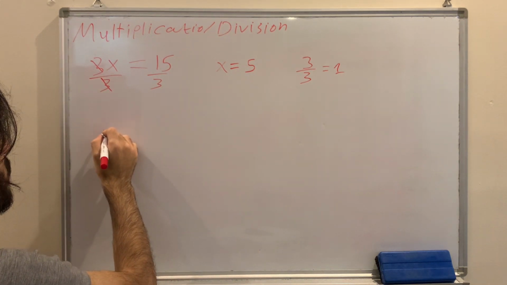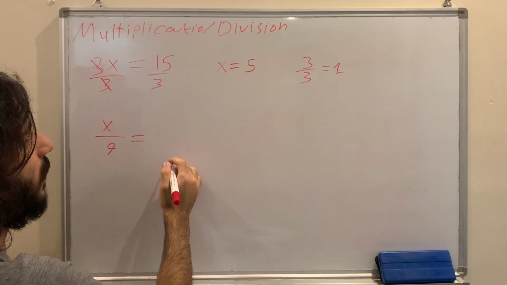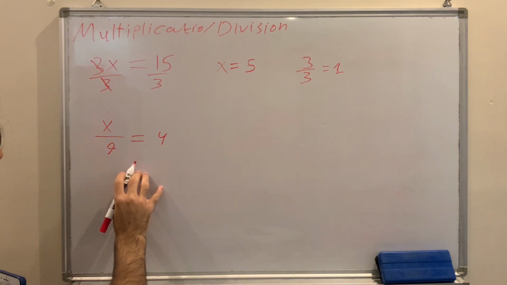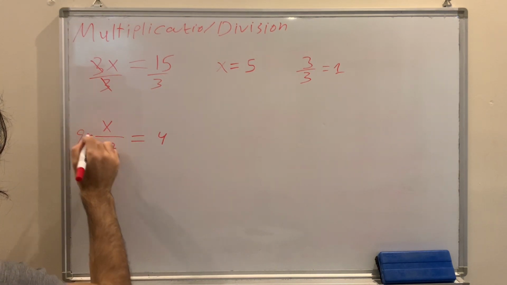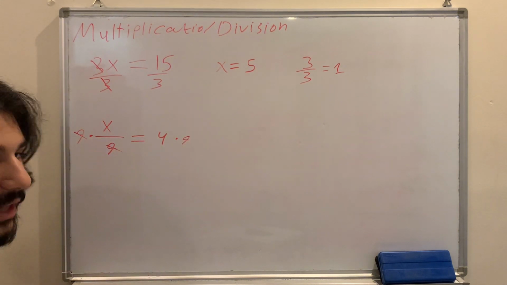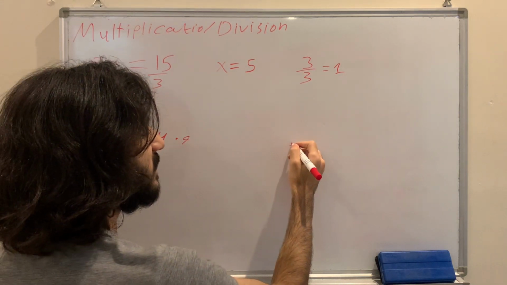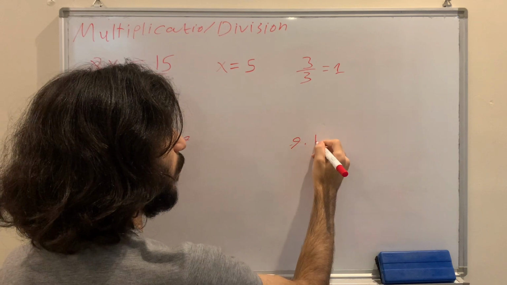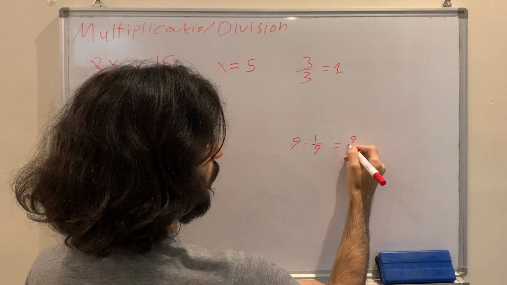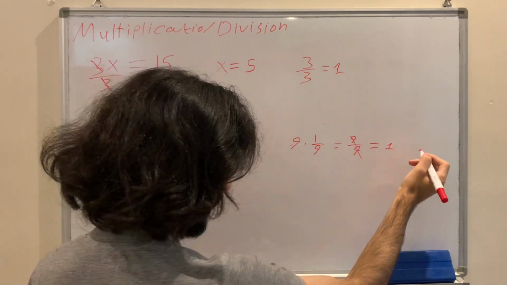For the second one, let's say we have x over 9 equals 4. Here, what we can do is multiply 9 on both sides. And the 9's here are going to cancel out. Now, why does this work? Why do the 9's cancel out? It's because it's the same as doing 9 times 1 over 9. 9 times 1 over 9 is the same as 9 over 9, which is the same as, obviously these cancel out and you get 1.